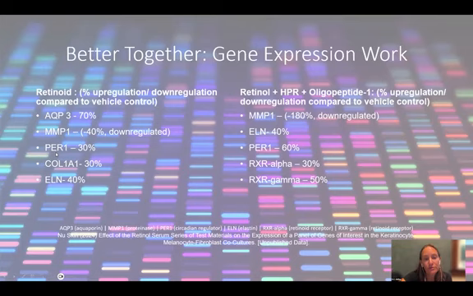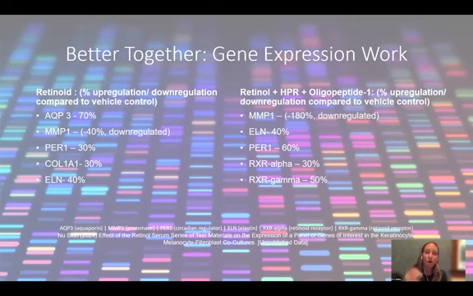This PER1 gene is a circadian rhythm regulator. Circadian rhythm is kind of like your sleep-wake cycle. And so you might wonder why this is important. Well, if we can get back on those typical sleep-wake schedules, and get our skin back on that, at night is when our skin does all of its repairing.